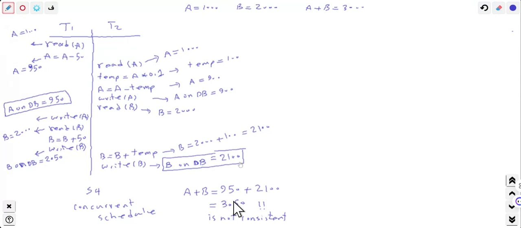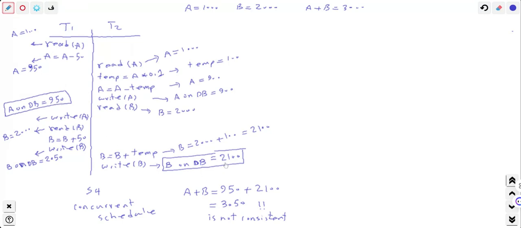So the last value of B will be 2100, not 2050, because after writing 2050 on B, we next write 2100 on B. The last value of A is 950, because we first write 900, then we write 950.